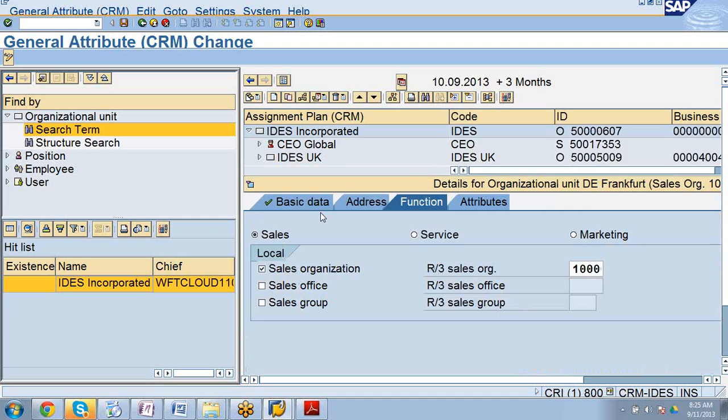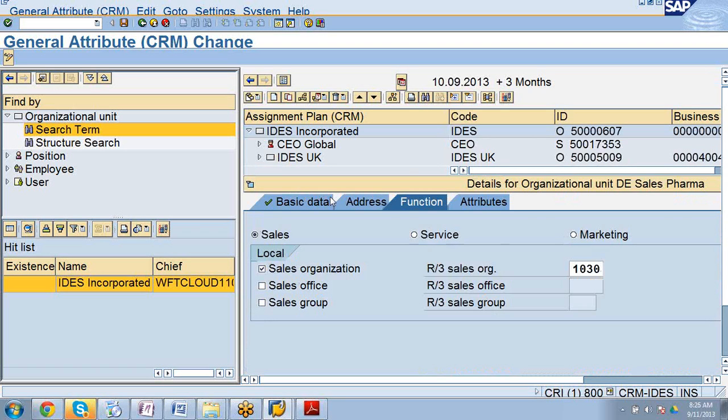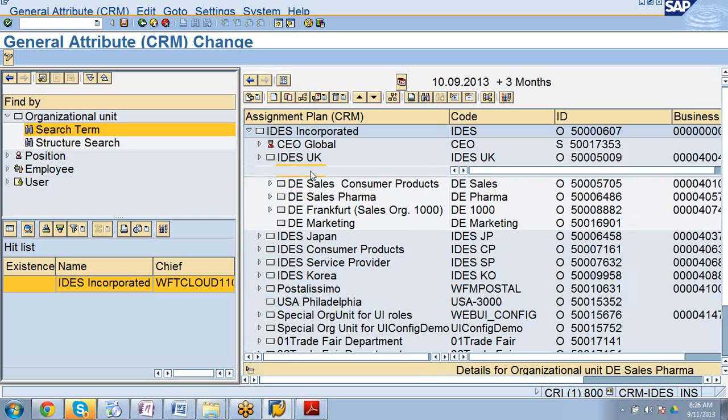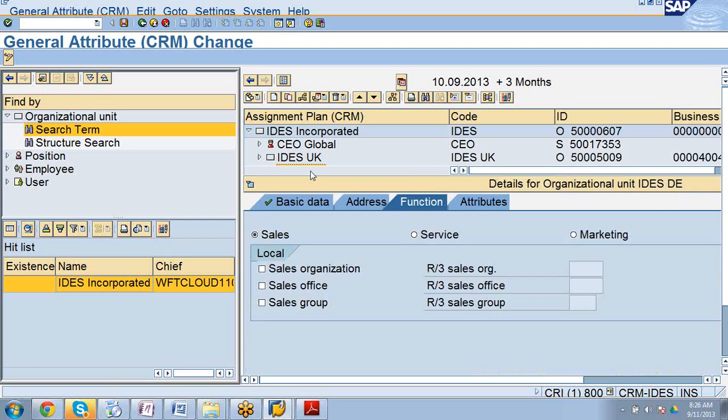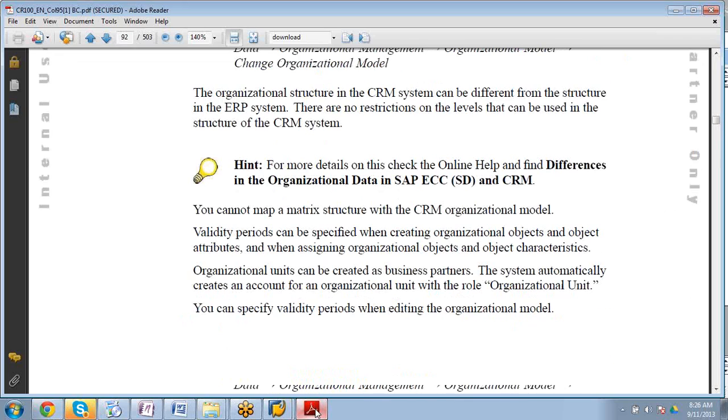You observe that here the function is 1000. When I open this, D Frankfurt, 1D sales pharma, it is 1030. When I go to IDS DE, it is empty. Why? Can you refer to this diagram and tell me what you have written in your note?